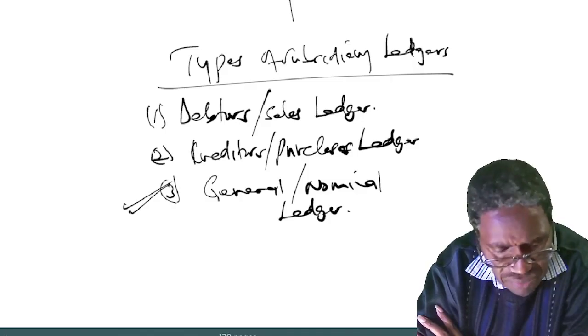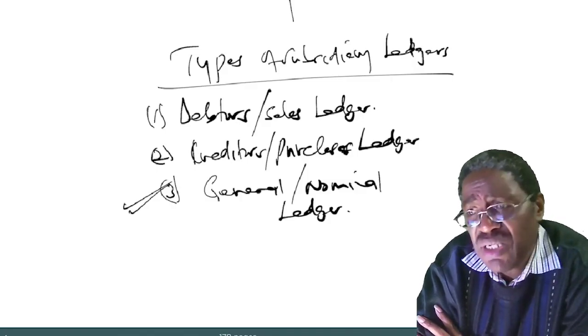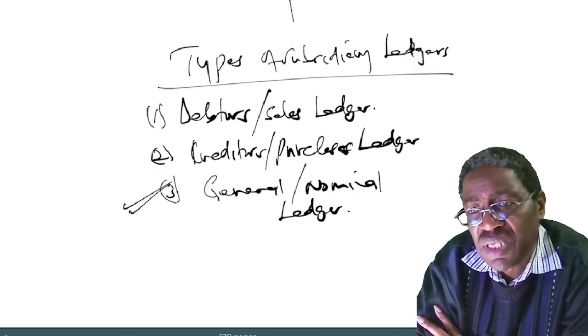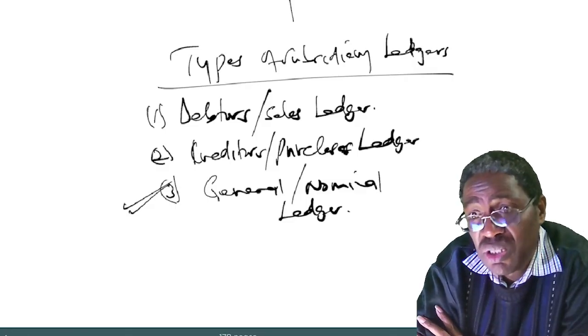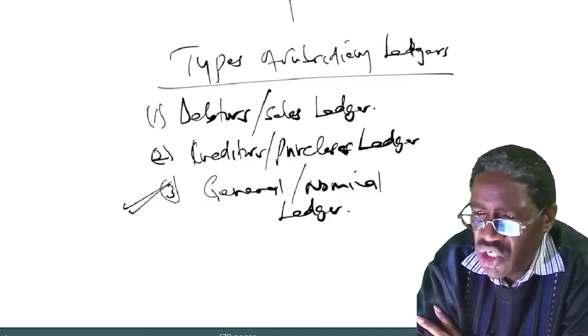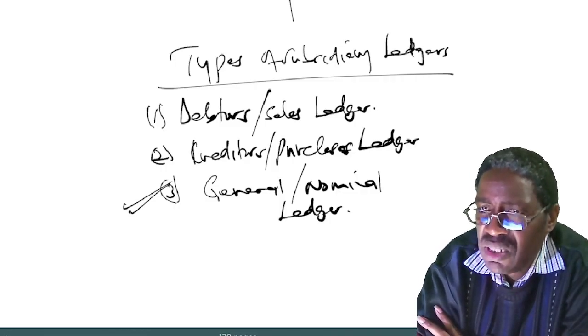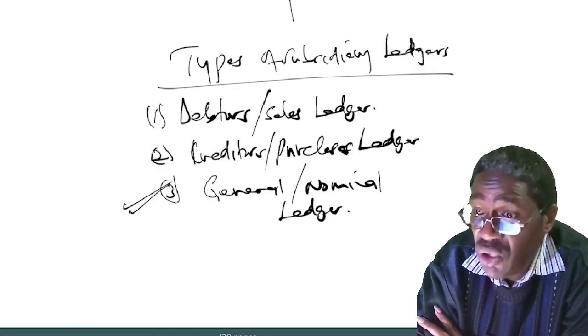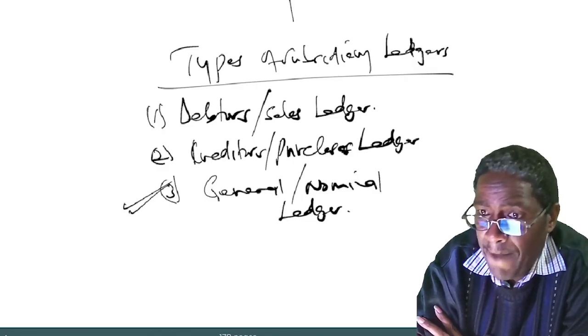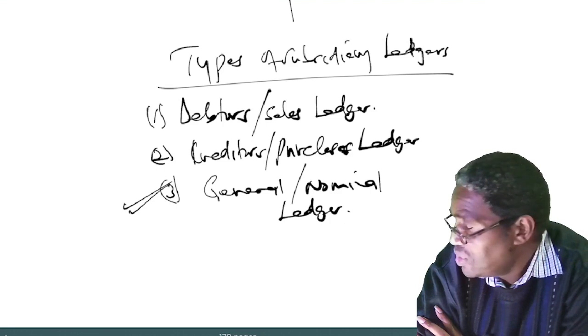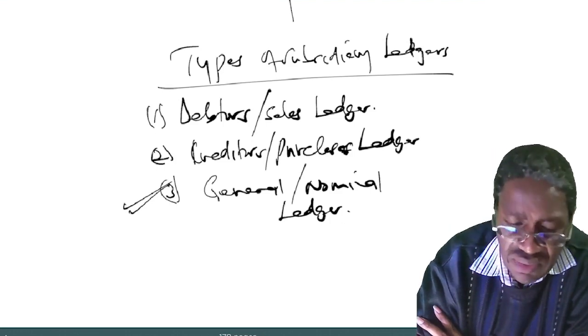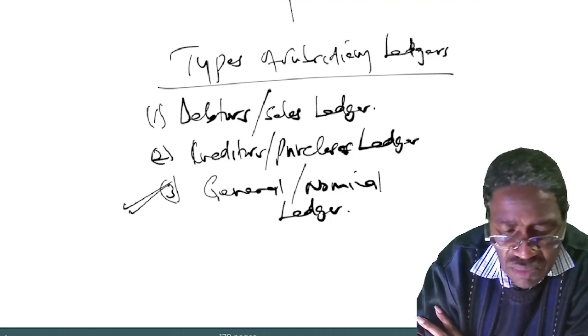Number three, general stroke nominal ledger. Put a dash.